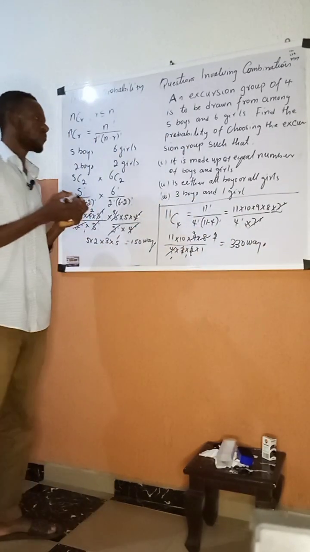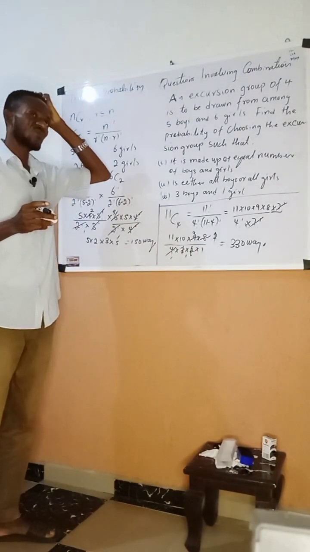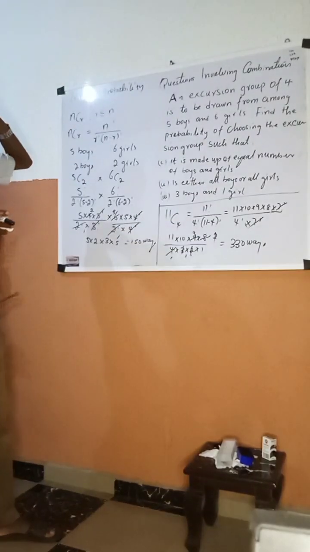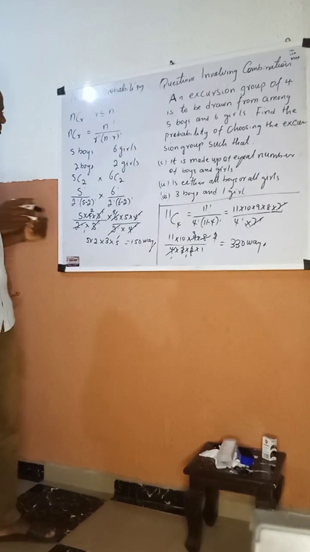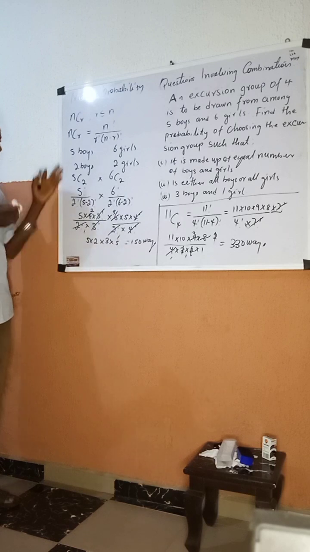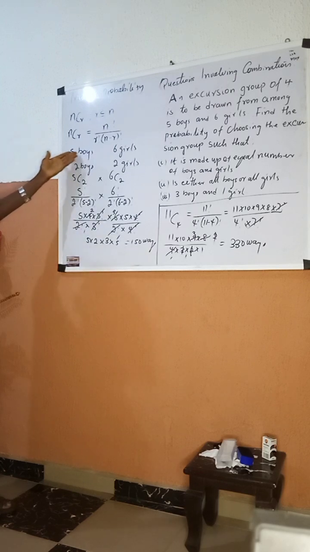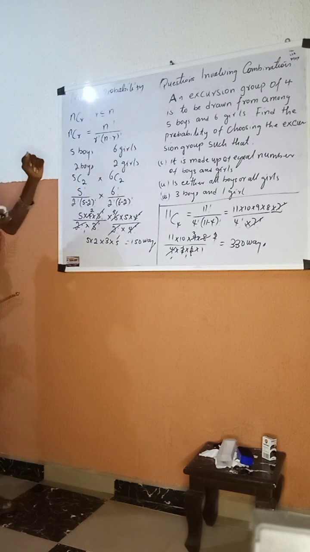So this is the number of ways of selecting 4 persons out of 11 persons without restriction. So we move further now to go and find the probability of doing this. I'll give us 2 minutes to have a glance once again at what we have on the board before we progress in looking at the probability. This is 5 boys, this is 6 girls.